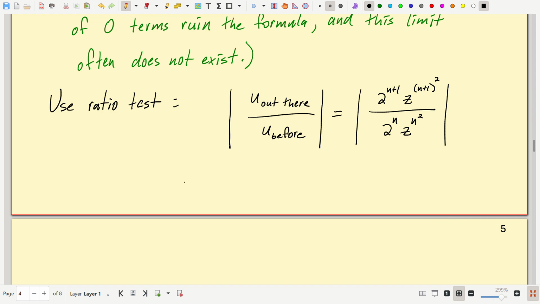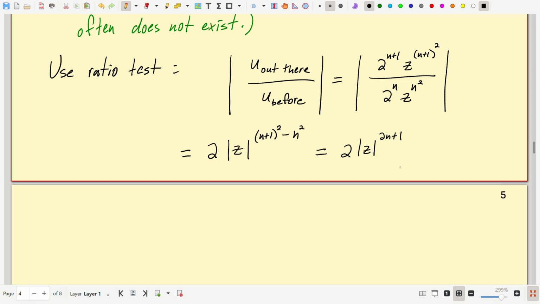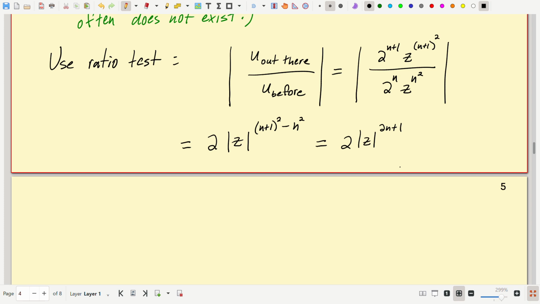So that is 2 times the modulus of z to the (n plus 1) squared minus n squared. That equals 2 times the modulus of z to the 2n plus 1, when I do the algebra of that power. And I'm dying to use the ratio test.